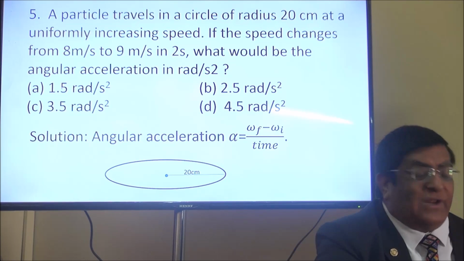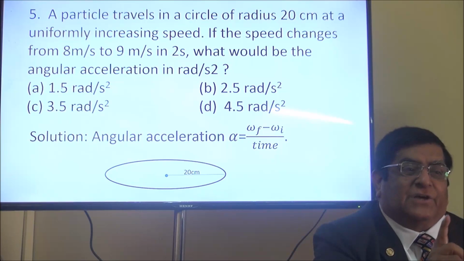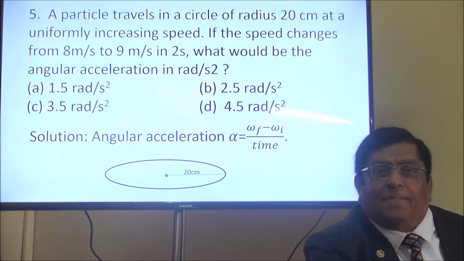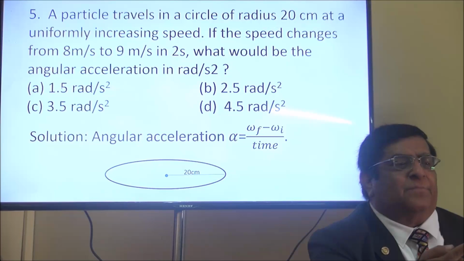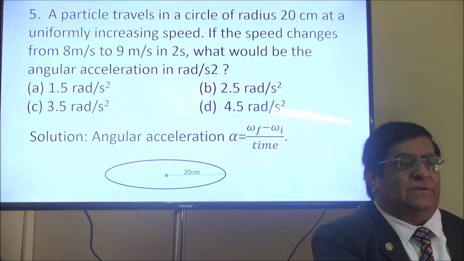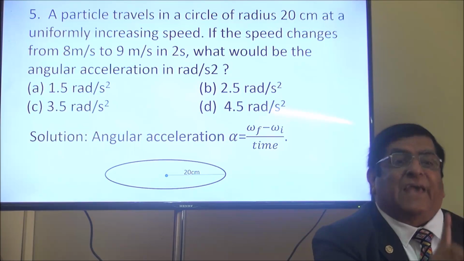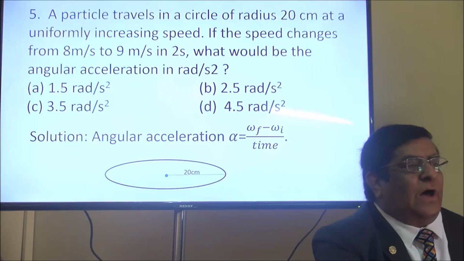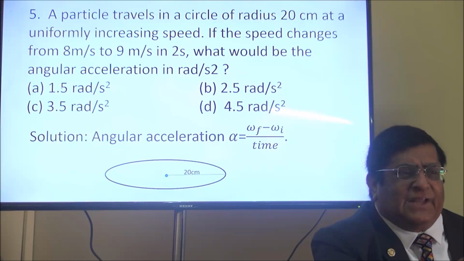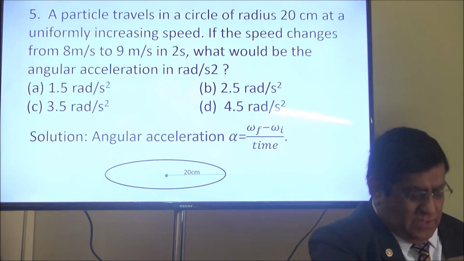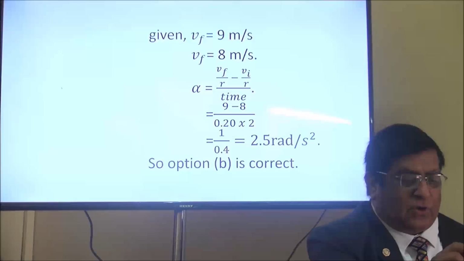What would be angular acceleration? What is the relation of tangential acceleration to angular acceleration? Very good. It is a very simple one-line formula. A and alpha. You know the relation? Tangential acceleration is A along the speed. So alpha and A, what is that relation? A is equal to R alpha. So alpha is equal to A upon R, and this is how we can solve it.